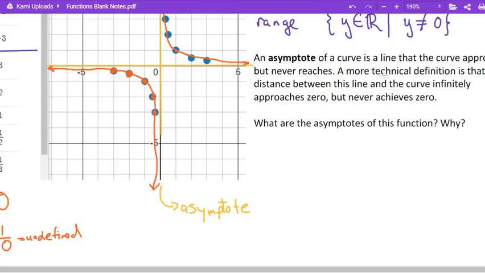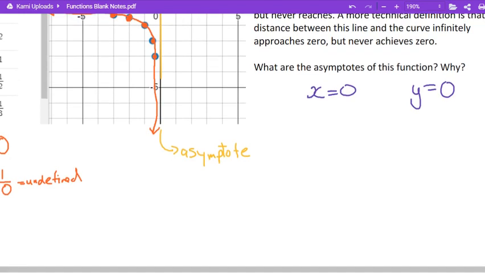Another way of looking at it is that the distance between the function and the asymptote gets smaller and smaller and smaller, but it never gets to 0. So in this parent function, there are two asymptotes. x equals 0 is one of them, and y equals 0 is another asymptote. Why?